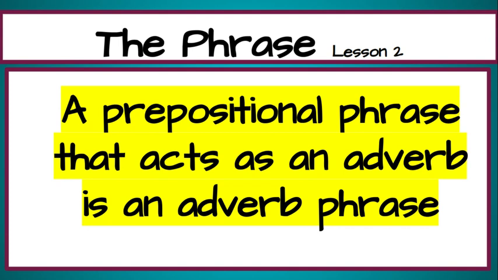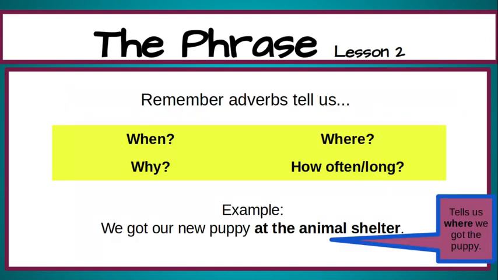All right, so let's go on to our next type of prepositional phrase. A prepositional phrase that acts as an adverb is called an adverb phrase. Again, very important for us to remember. Adverbs modify verbs, but they can also modify other adjectives or other adverbs.